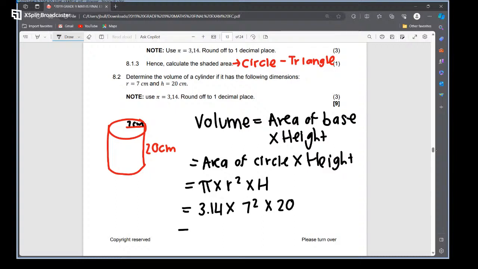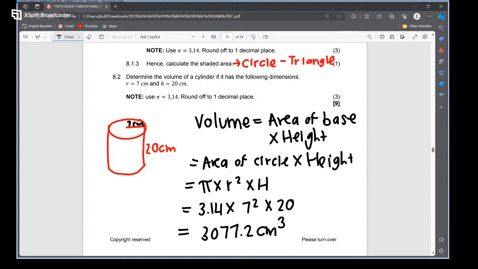We just put that into our calculator, and they tell us to round it to 1 decimal place. So 7 times 7 is 49, times 20 times 3.14, and we're going to get 3077.2 centimeters. Volume is a 3D shape, so it has a 3.